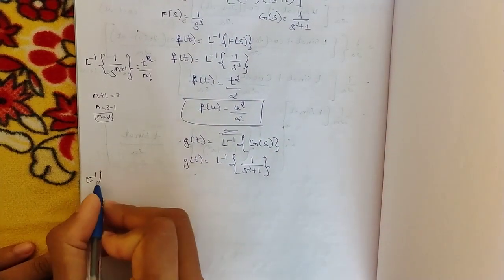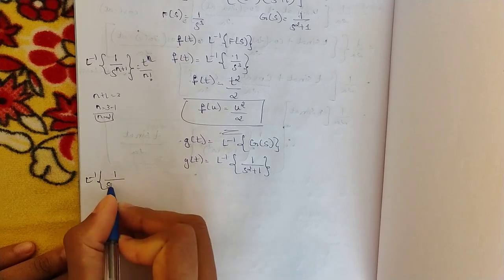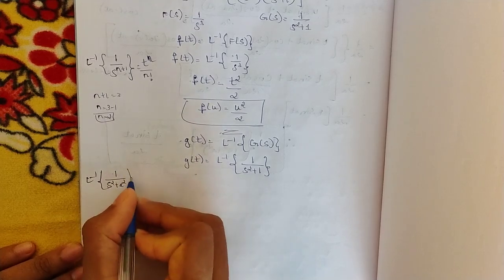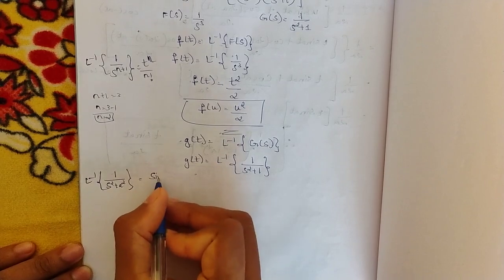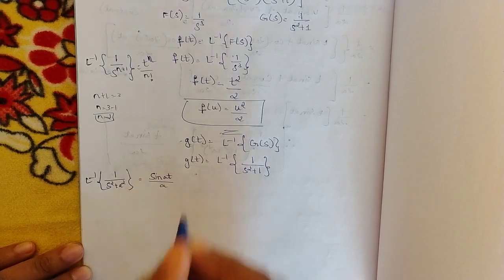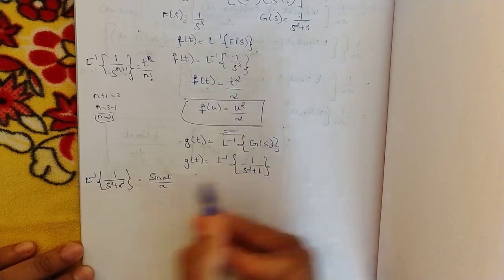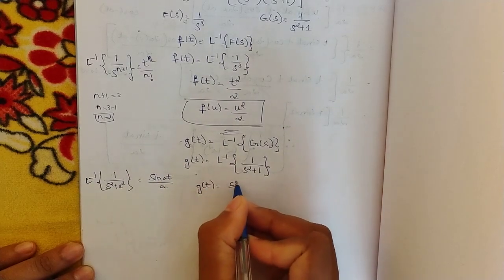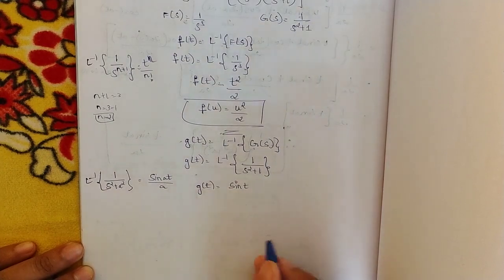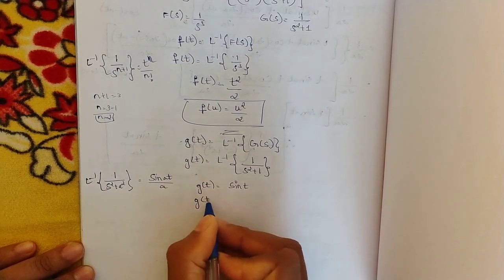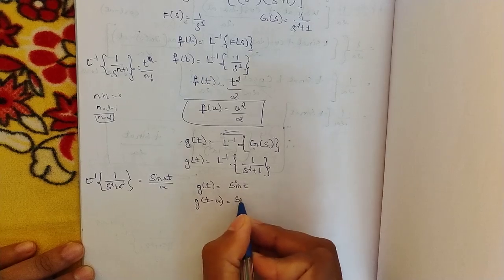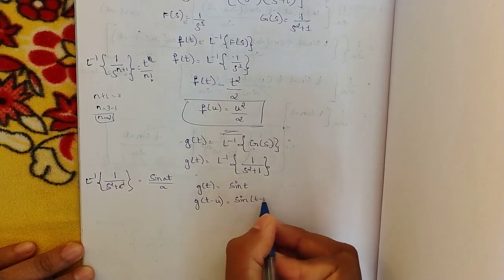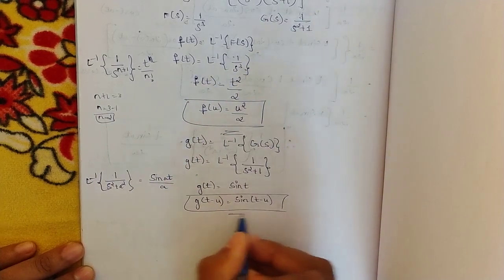L inverse of 1 divided by s square plus a square is given by sine at divided by a. But here in place of a we have 1, so our G of t would be equal to sine t by 1, or sine t. So our G of t minus u becomes sine of t minus u.